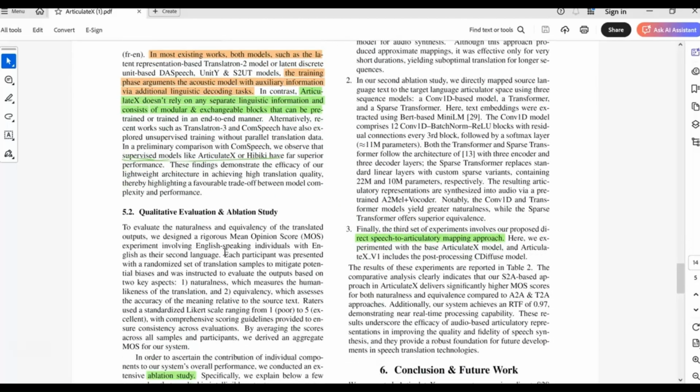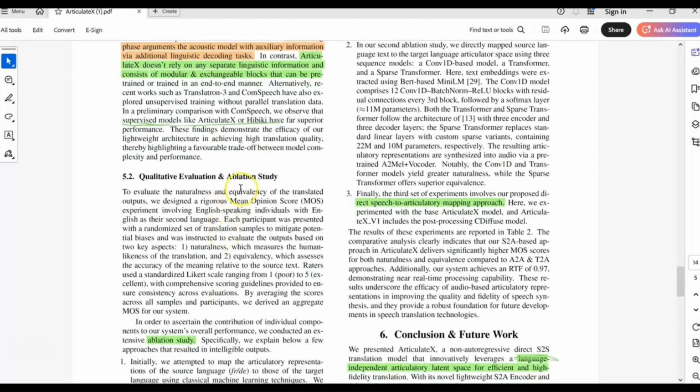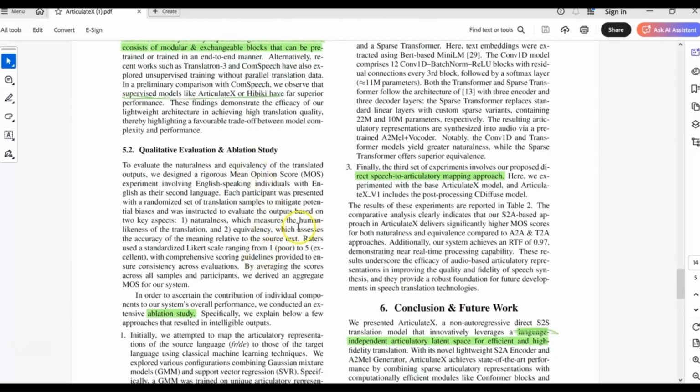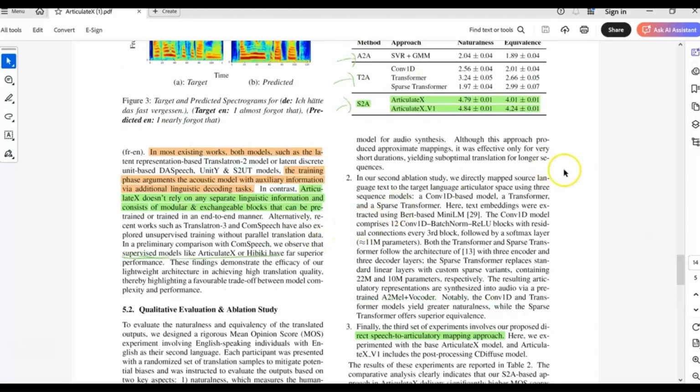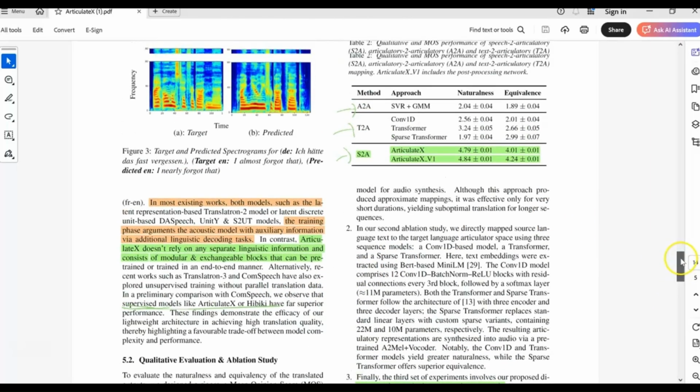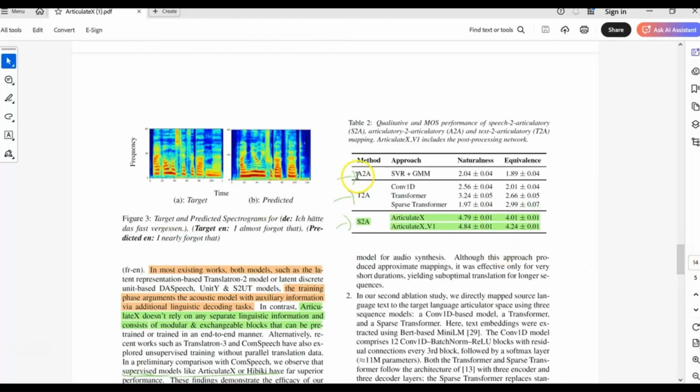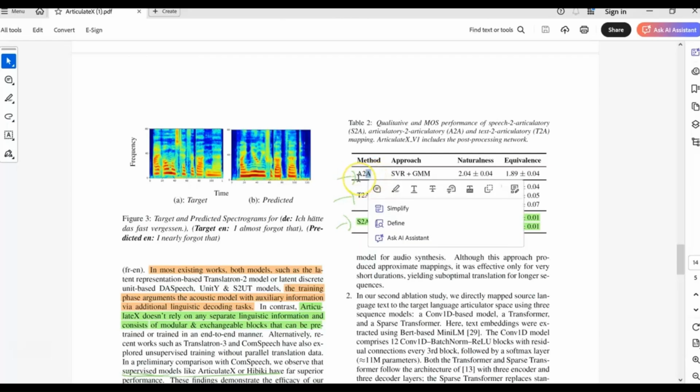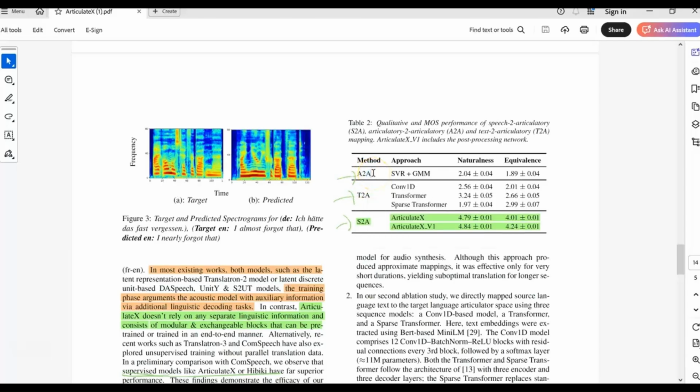And then the paper talks about the ablation study. In the ablation study, they check what happens if we replace the speech to articulator encoder with different things. Here they're going from articulator to articulator, so from articulators in the source language to articulators in the target language. If you use that block, what do they get?